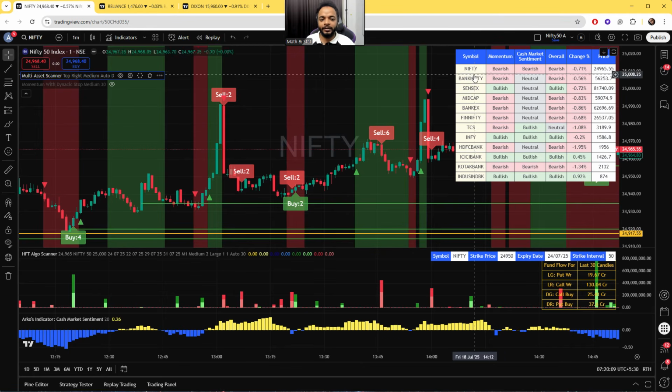And overall, what is it saying? Okay, so how the bearish or the neutral signal is generated is basically like this: if one of them, out of momentum or cash, is, let's say, bearish or bullish and the other one is neutral, then we will get a bearish or a bullish signal.